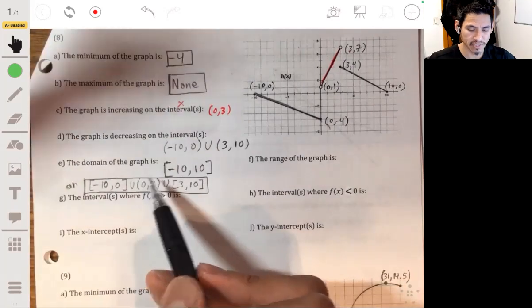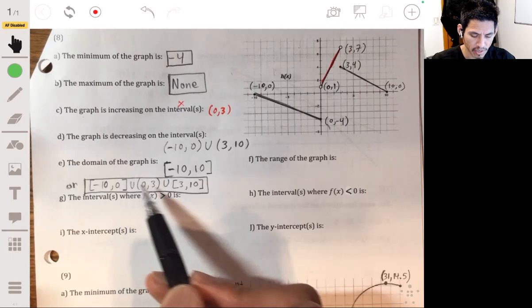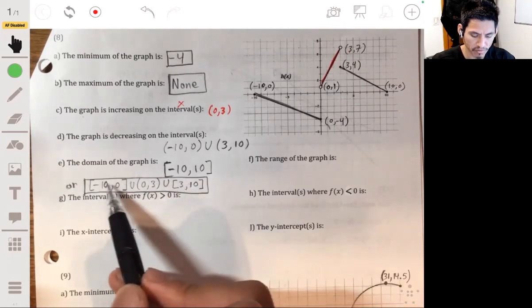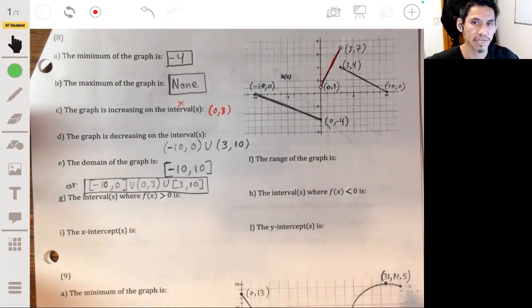And see, it ends up being the same thing because you're not including the 0 here, but you're including the 0 here. You're not including the 3 here, but you're including the 3 here. So you're including all the numbers from -10 to 10 in this notation or this notation. So both are actually right.